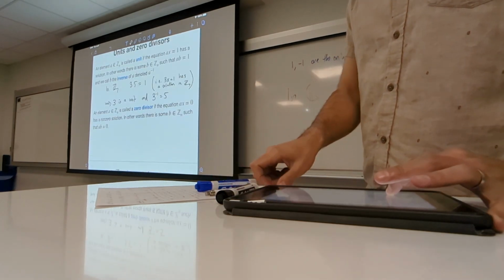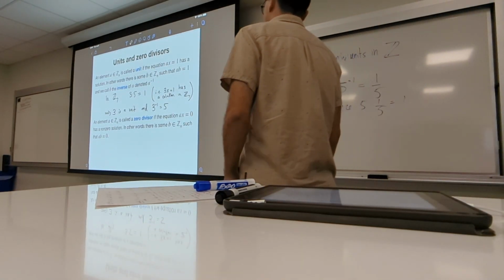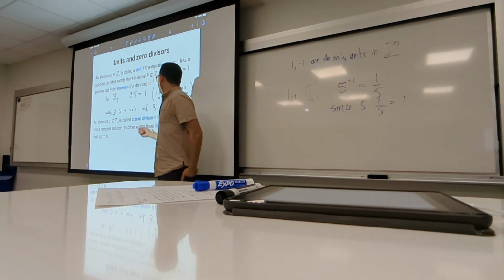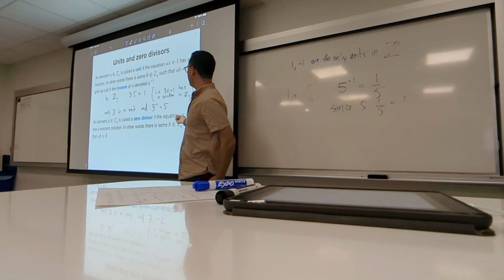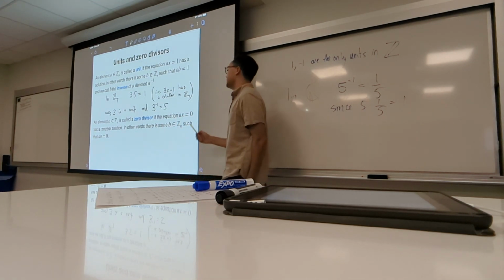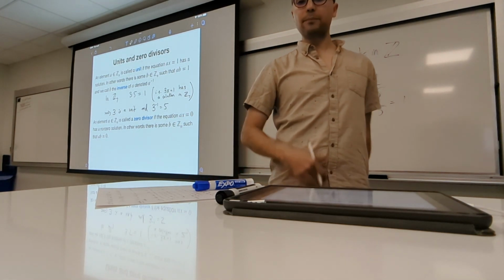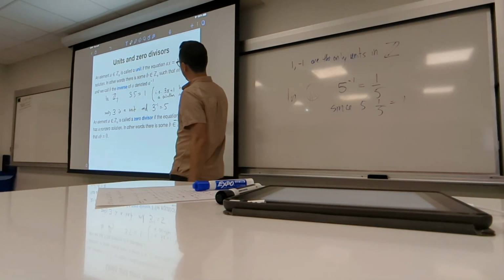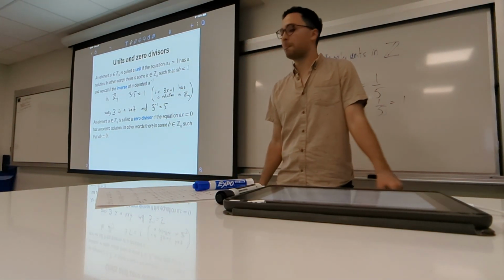Okay, so that's what a unit means. Zero divisor: that is something that gives a solution when we take the equation ax equals 0. It's an element in Z mod n where we can multiply something by it and get a 0.